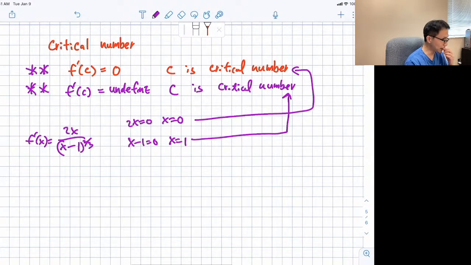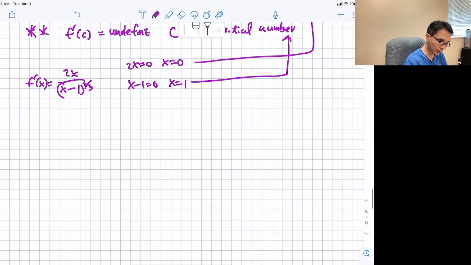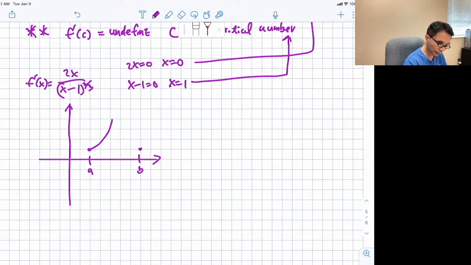Now, what's the nice thing is this. There are two illustrations of this. One, the function does not have to be continuous or differentiable. So I can have a and b here. I can have something like this. That is not differentiable, but it's still a critical number.